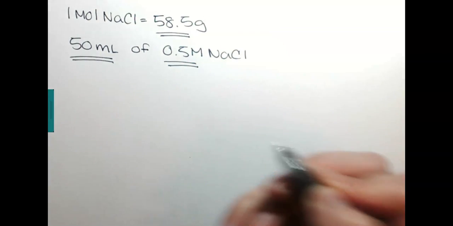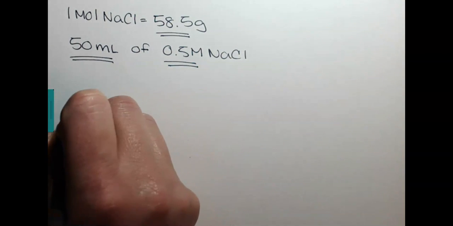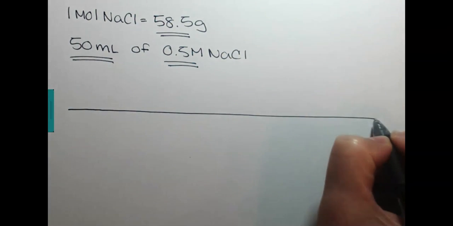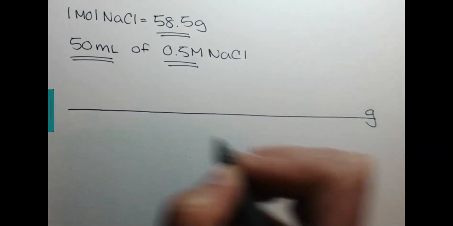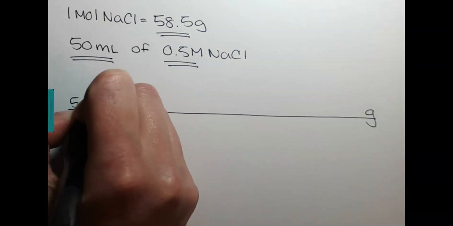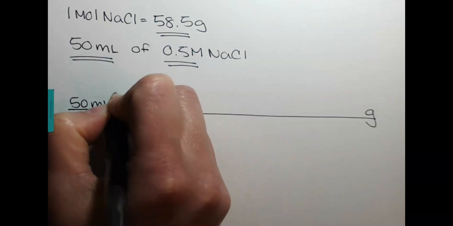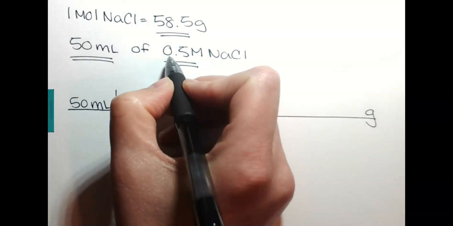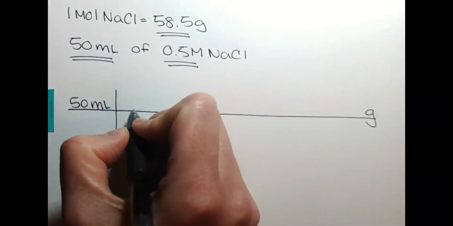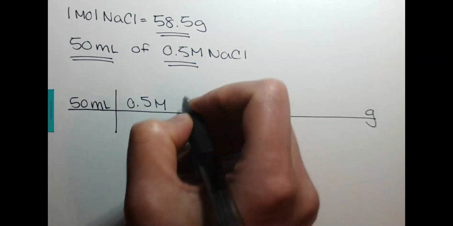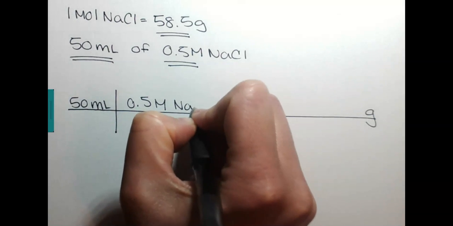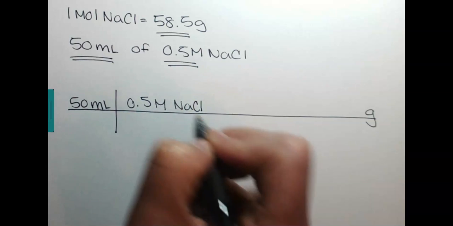Okay, so I'm going to make my conversion train. I want grams. I know that I want 50 milliliters. And this is 0.5 molar NaCl. Now the one tricky thing here is that I want 0.5 moles of NaCl, but a molar calculation is per liter, so in 1 liter.